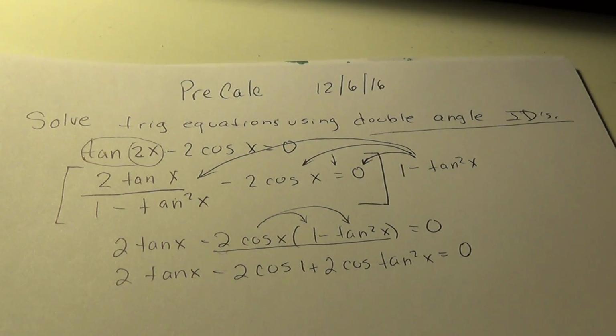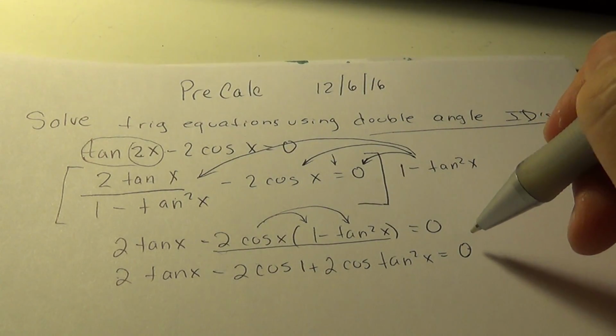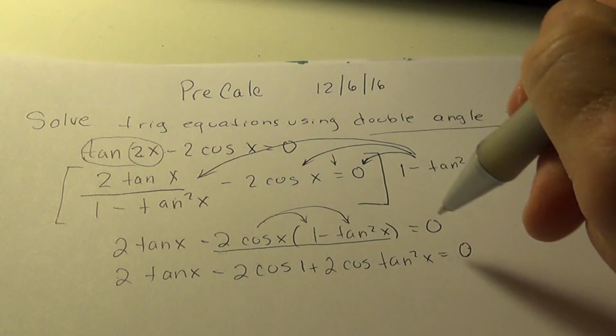So what does your mathematical sense of smell tell you to do next? Sniff it out. One thing I see is each of these terms has a 2 in it and 0 won't be affected. What if I divide every term by 2?